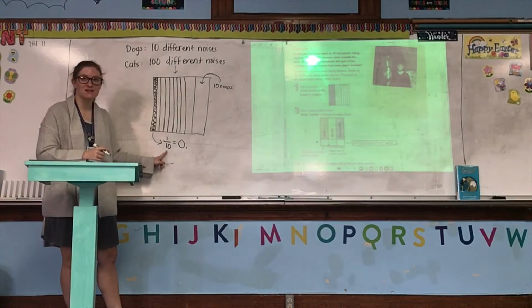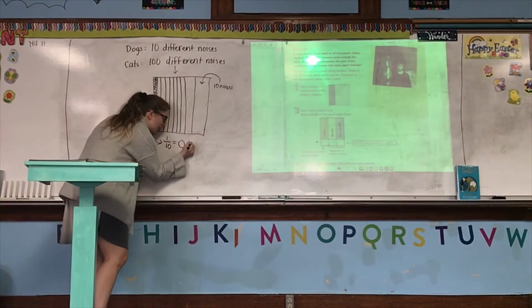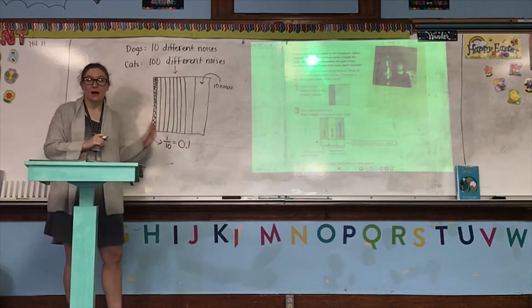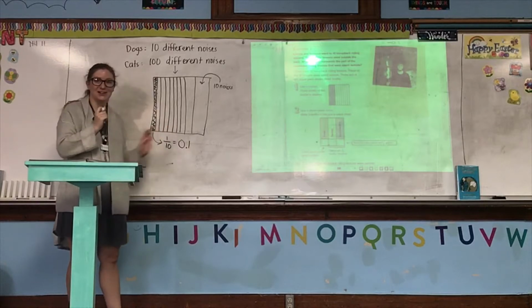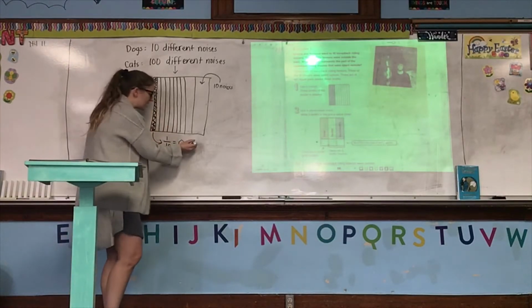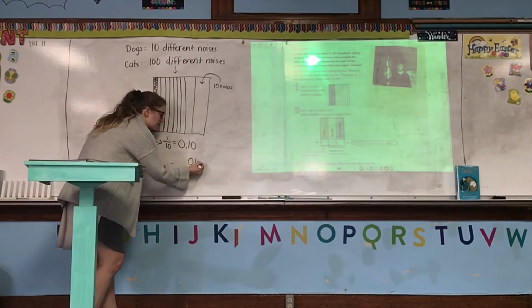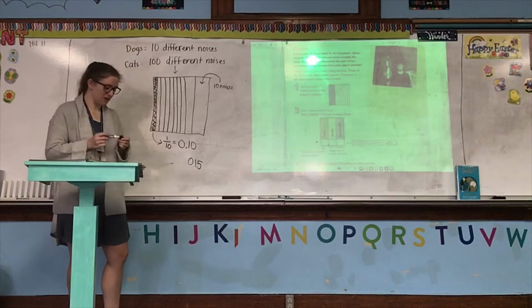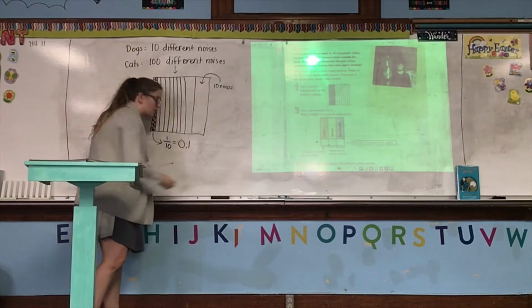Dogs make 1/10 of the noises that cats make, so I'm going to put a 1 in the tenths place. Now we have no hundredths. We have no extra little pieces, so we're going to leave the hundredths blank. Putting a 0 here would be like doing this and meaning 15. So if there is nothing in that hundredths place, we don't put it there.